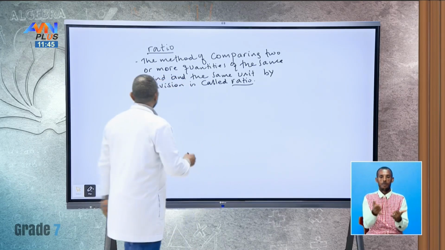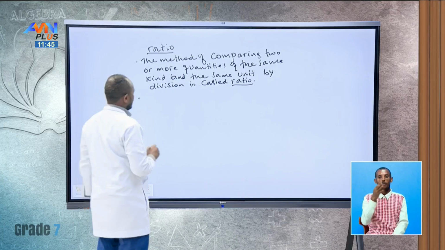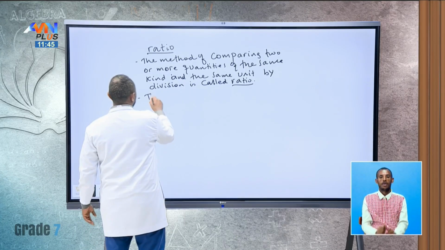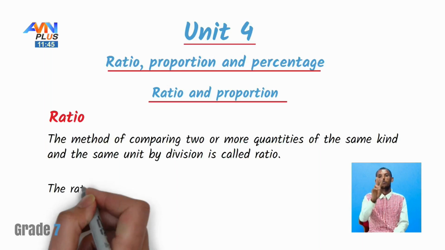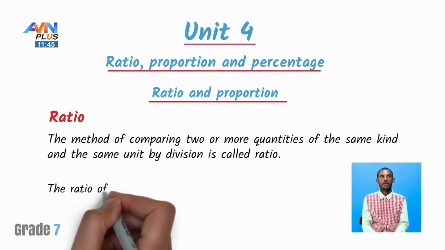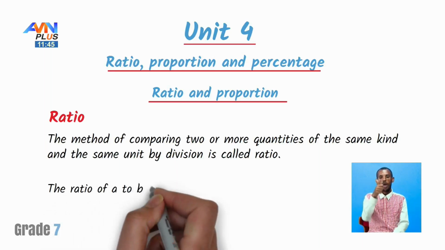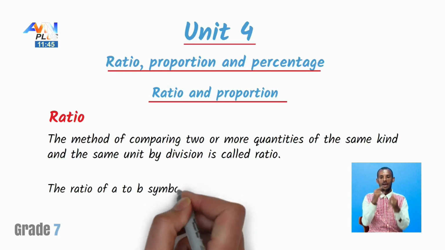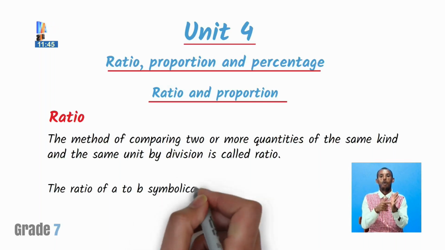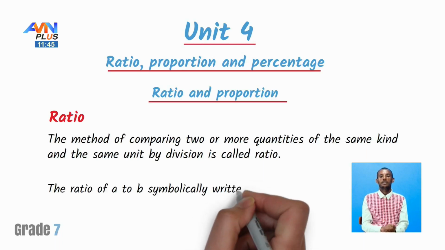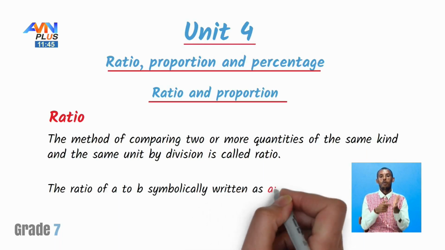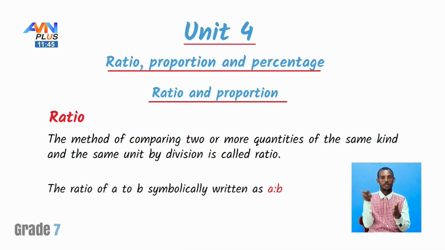Now, the ratio of two quantities A and B, the ratio of A to B, is symbolically written as A:B.